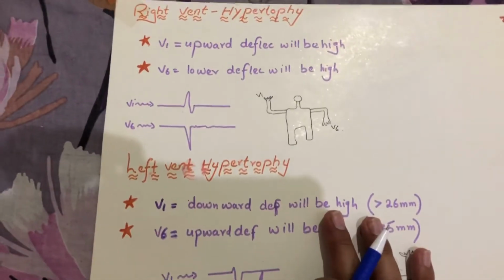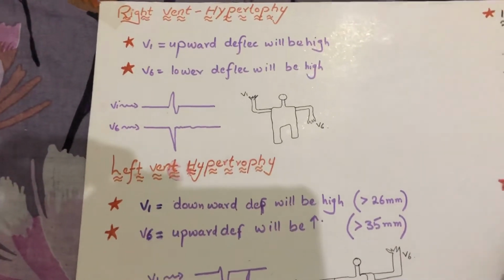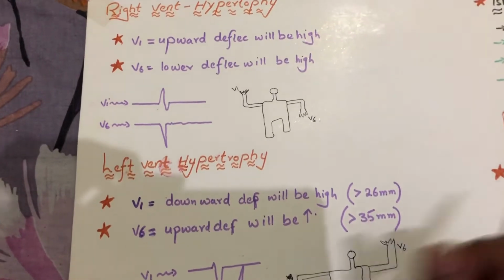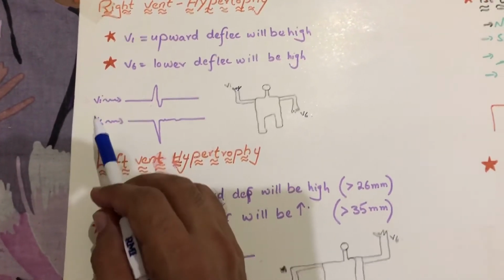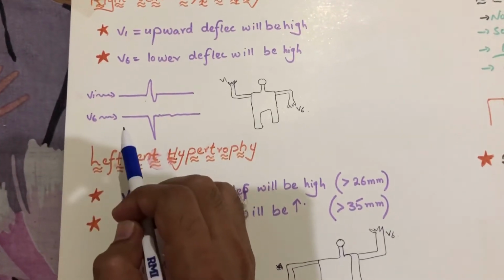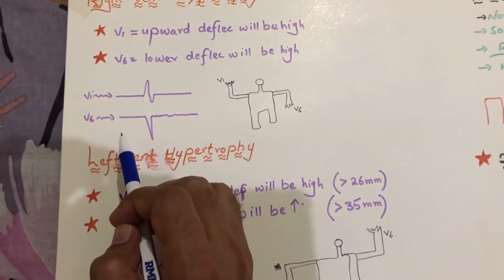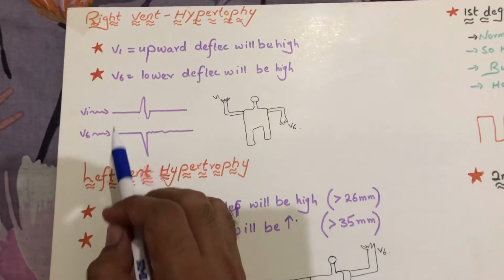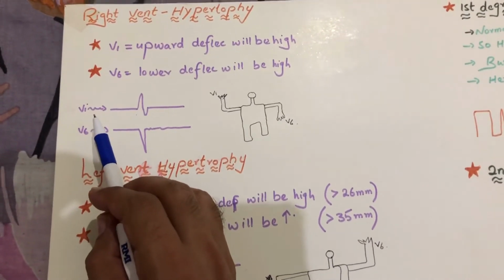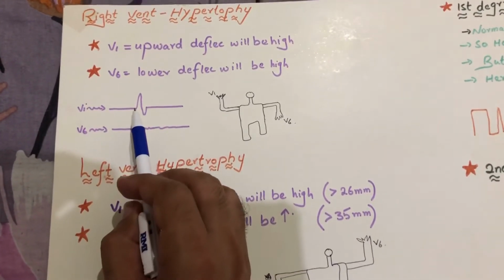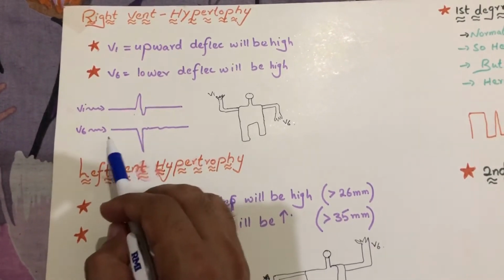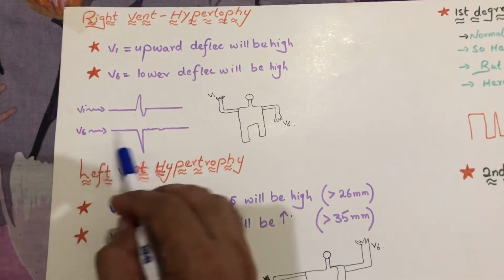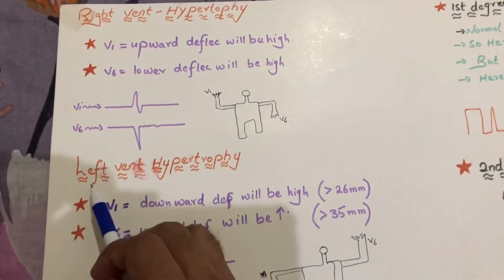Here we go. The right ventricular hypertrophy. If the waveforms in V1 and V6 become completely opposite to the normal ECG waveform, it is known as right ventricular hypertrophy. And how is that? The normal ECG waveform would be predominantly downward deflection in V1 and predominantly upward deflection in V6, but it is completely opposite.